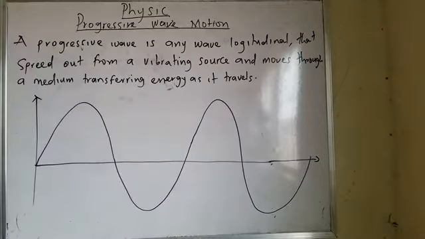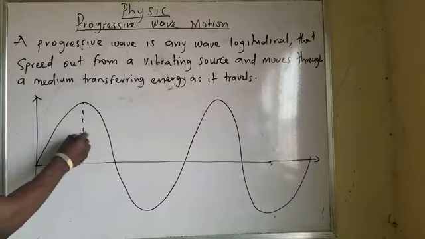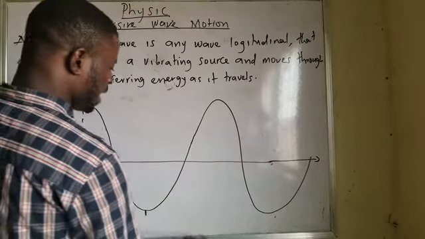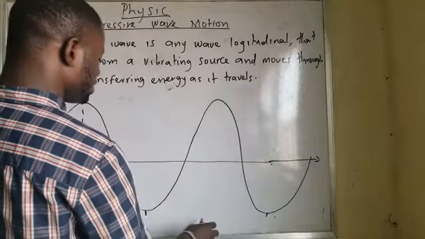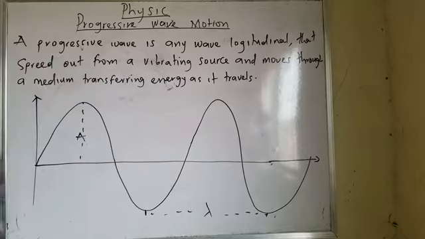Okay, that shall be the wave. This place we call the amplitude. I think you all know that. And from here to here, we call it the wavelength, which is called lambda. Please take note of those things. They are very, very important.